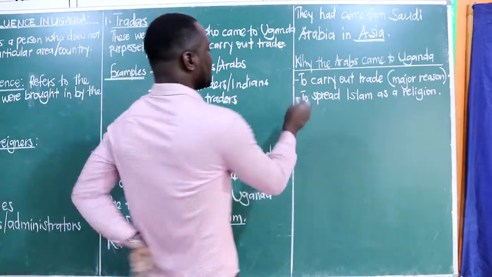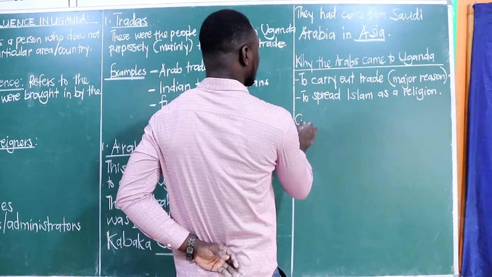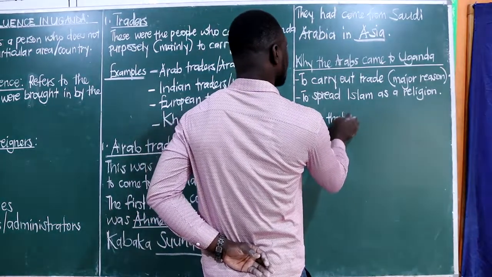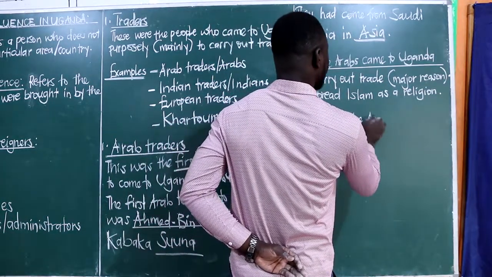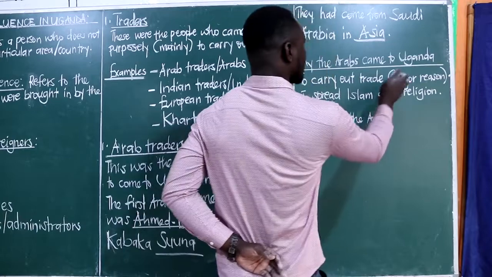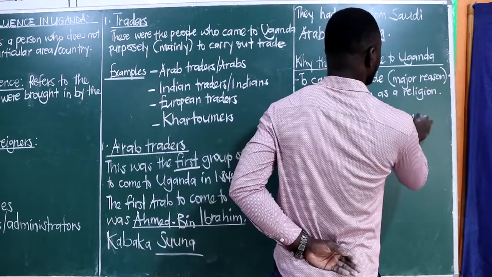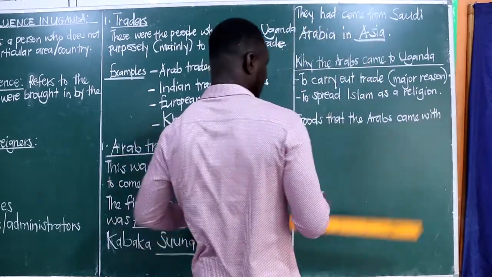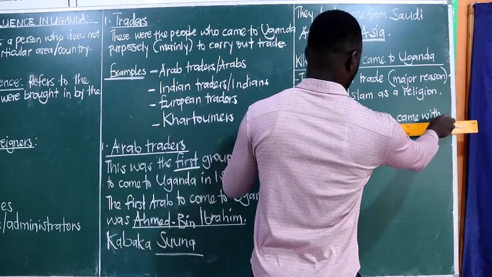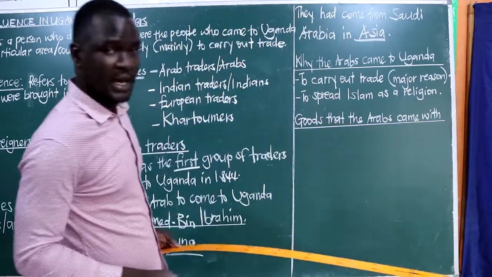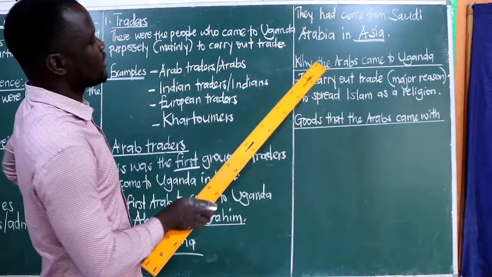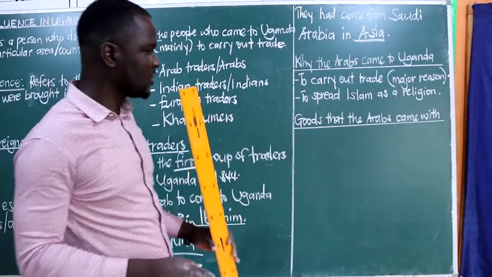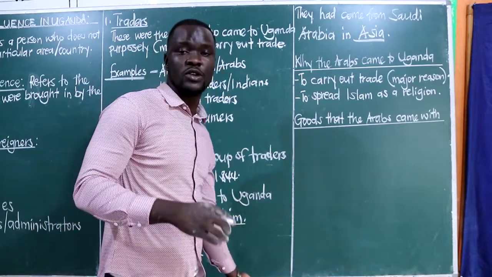So, goods that the Arabs came with. Remember, we have said they wanted to carry out trade, which means we need also to remember that during those days, there was no money.